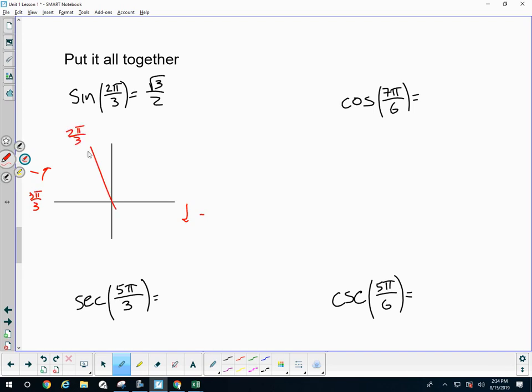I then create the triangle in my head. I understand it creates a 60-degree angle, which means I have a longer side, which is the vertical side, and a shorter side. The shorter side, since I'm going to the left, is negative, but since sine deals with just the vertical side, this is why I'm picking root 3 over 2. That's what I do in my head.